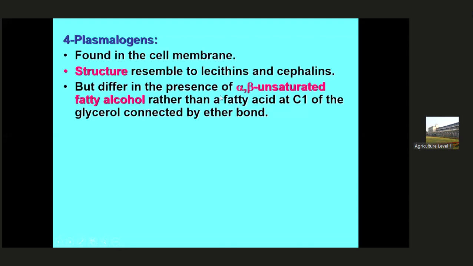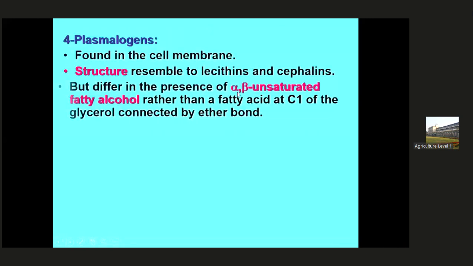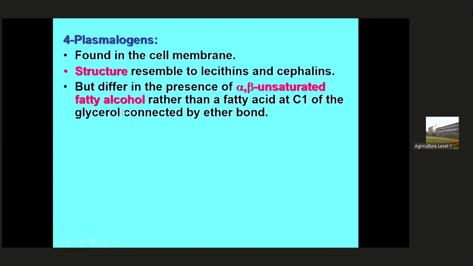Different at the number 1 carbon, where saturated fatty acid is present. This is a saturated fatty acid. If it contains this alpha-beta unsaturated fatty alcohol instead of the fatty acid at the C1, then the cephalin or lecithin structure will be declared as plasmalogen.